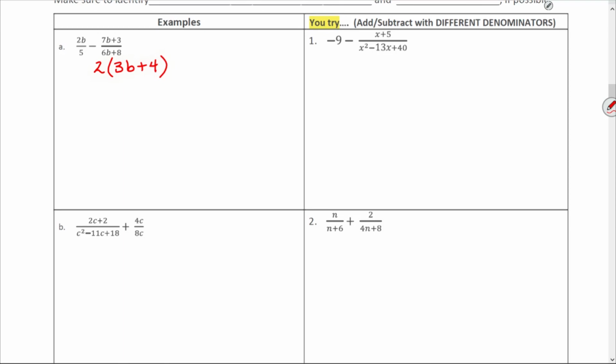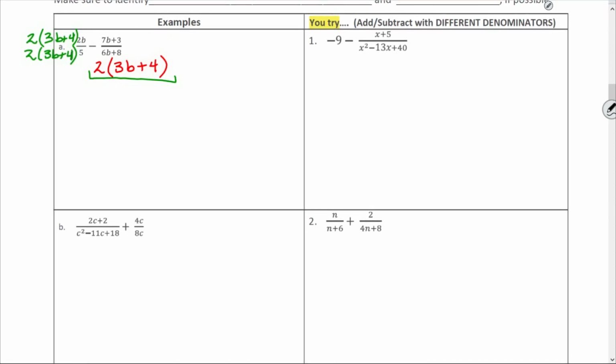Now, I ask the very important question of what does the other denominator have that this one doesn't? So if I look at this, what does that have that the 5 doesn't? And the truth is it's all of it. So I need to multiply both the numerator and denominator by 2 times (3b plus 4).